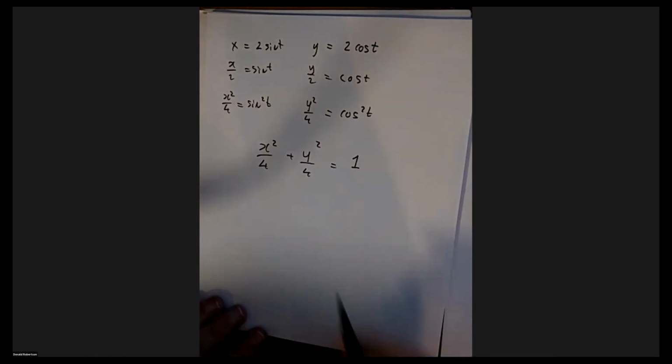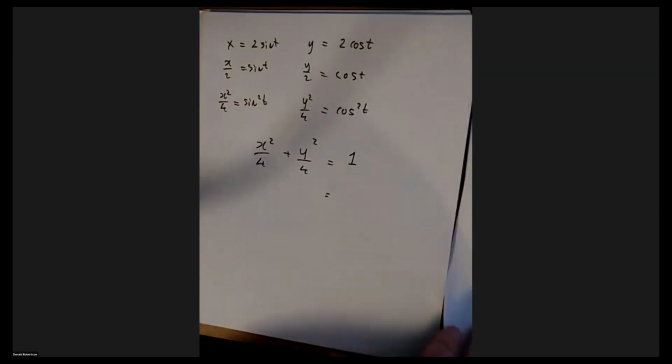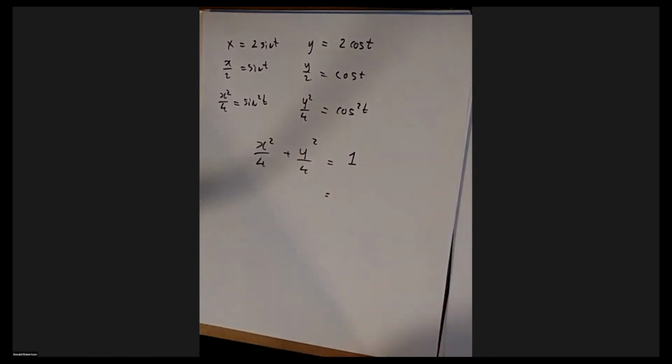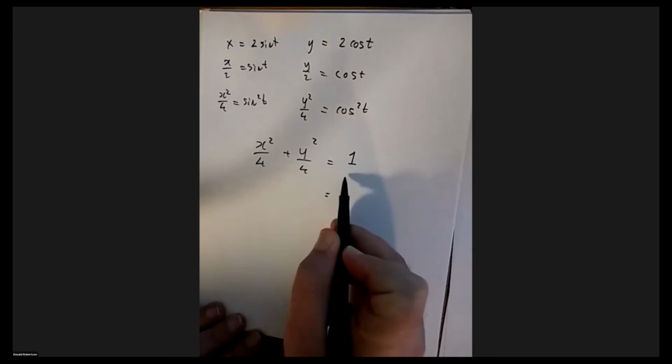Now, the last question, there wasn't really much I could do that would really help it in any way, so I didn't. I can do something to this one that will make it look slightly prettier. What could I do to both sides that would make this a little bit nicer looking?